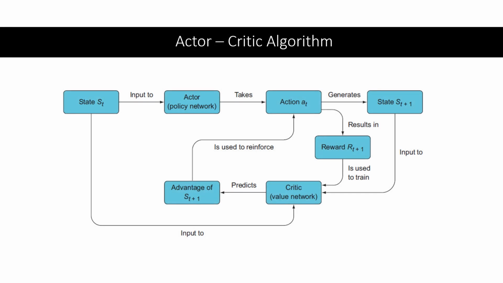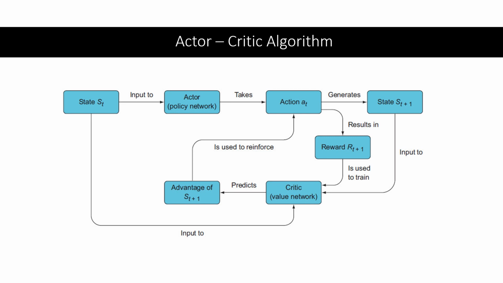I want to introduce actor-critic networks. Given a state, it is fed to the actor or policy network, which takes the action at time t. The action generates the state at time t plus one and results in the reward at time t plus one.